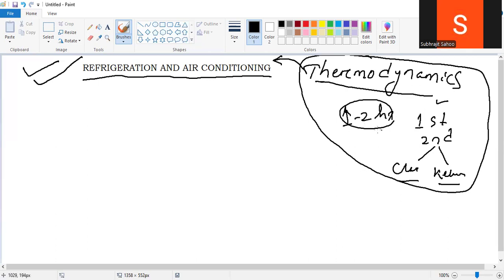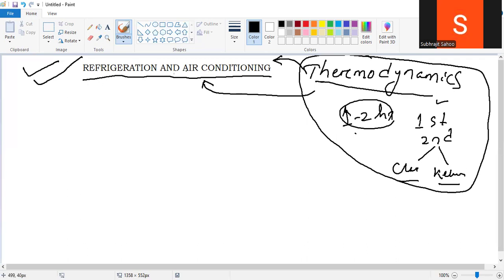Or else I will also prepare one video on the basics of thermodynamics, which is required very much to understand this topic. Not thermodynamics elaborately, just the basic things, if it is possible. So let me start this one.